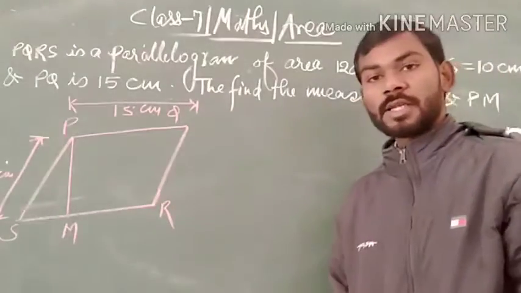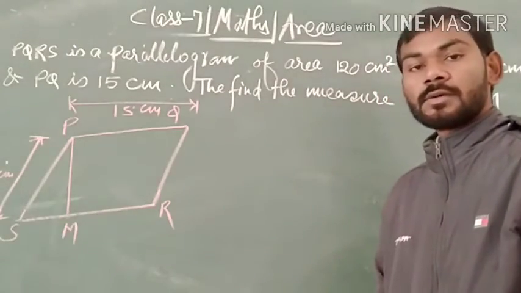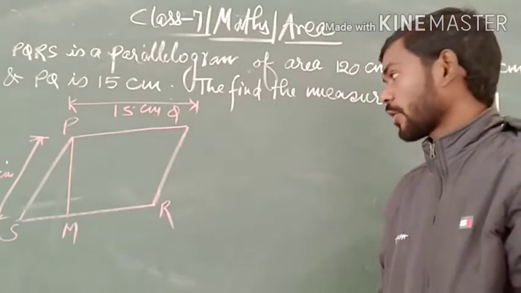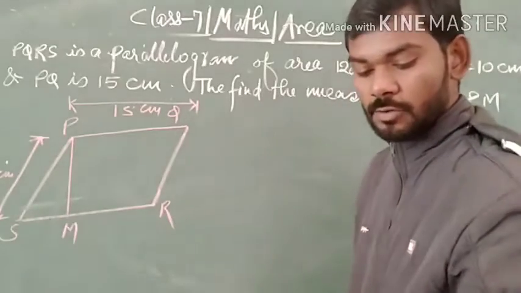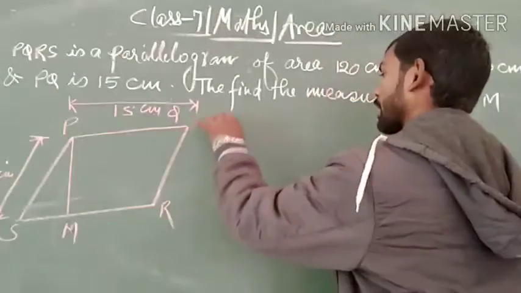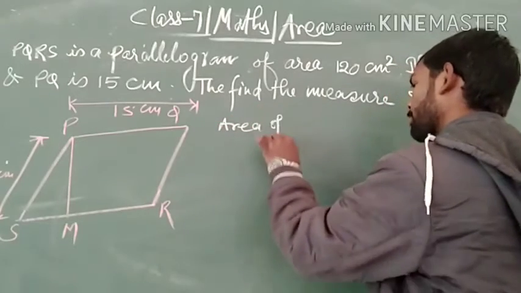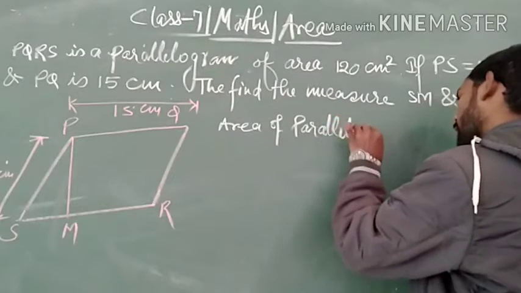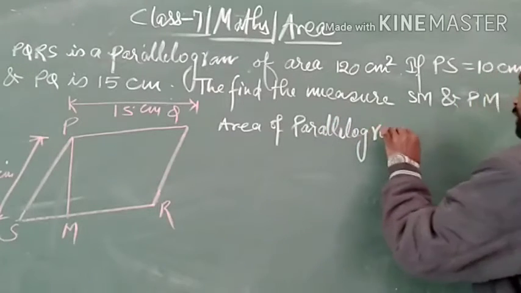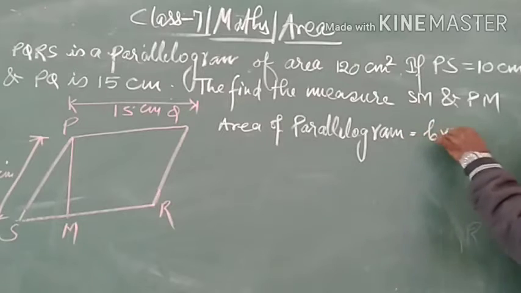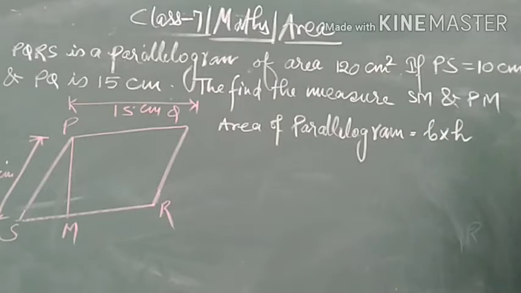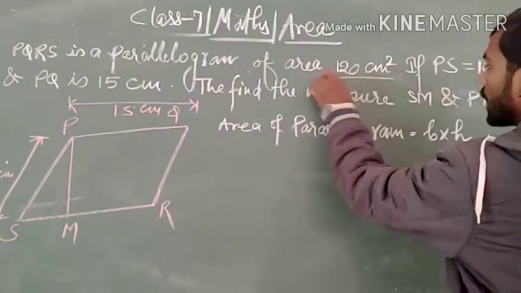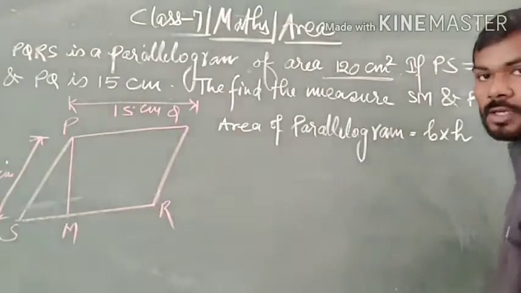So we know that the area of parallelogram is the product of base and corresponding height. So we write: area of parallelogram is equal to base into height. Now here put the value. The area of parallelogram is given, that is 120 centimeter square.